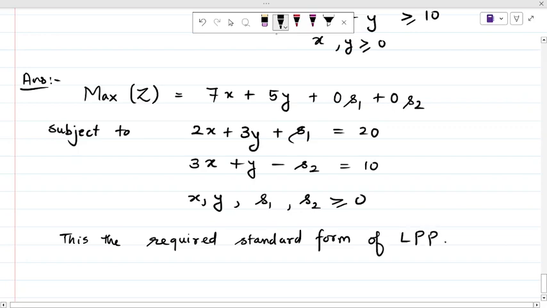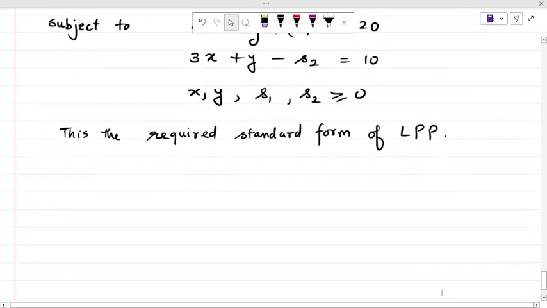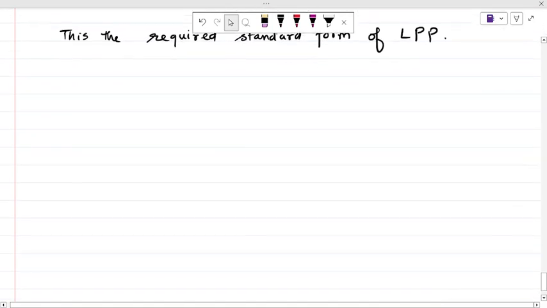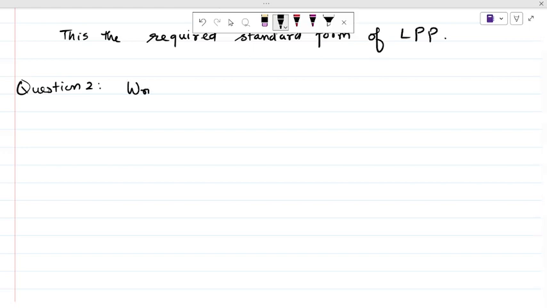Okay, the next one, let us take up another question. Write the standard form of LPP.